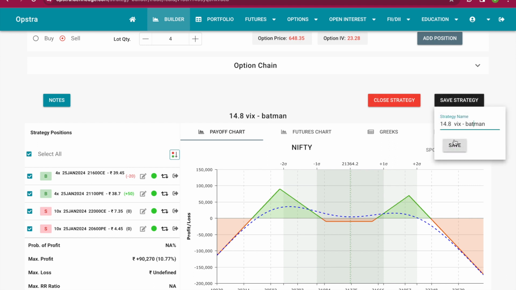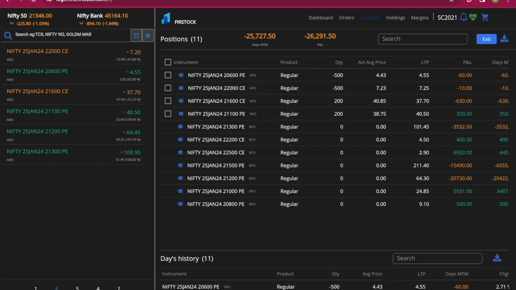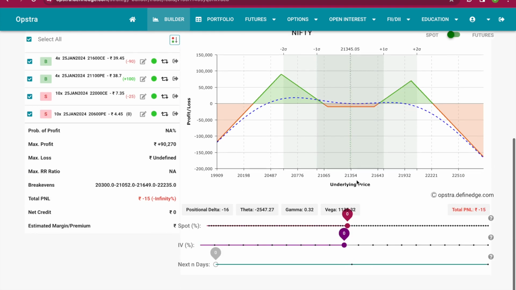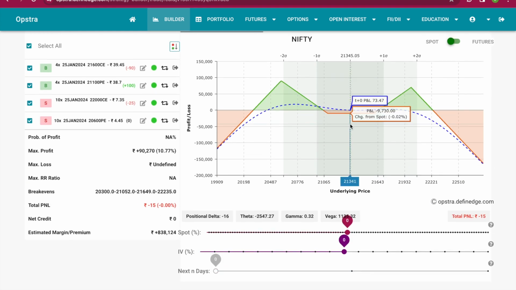Let's see how the strategy turns out in the next couple of days. Here we have taken the risk of around 9,000. 9,000 is our risk, and let's see. This is like a gamble, and whatever rewards we get, we will get. Let's wait and watch.